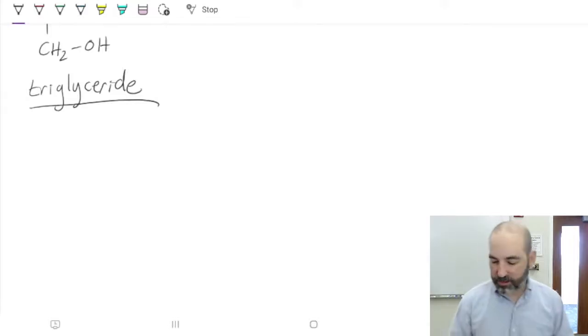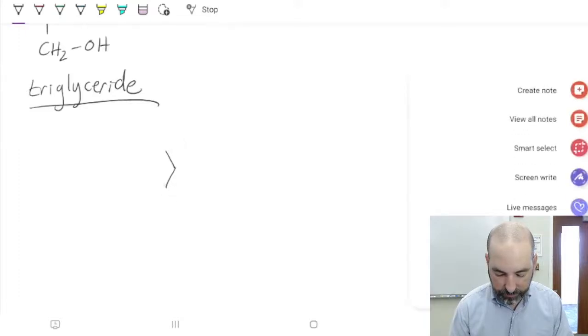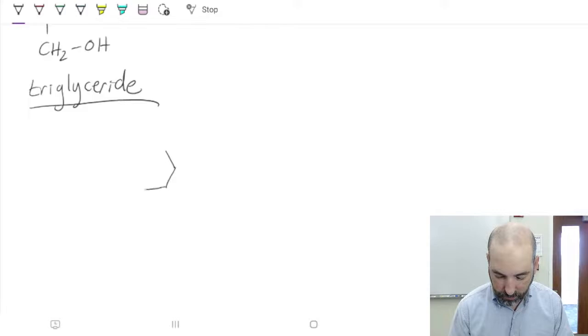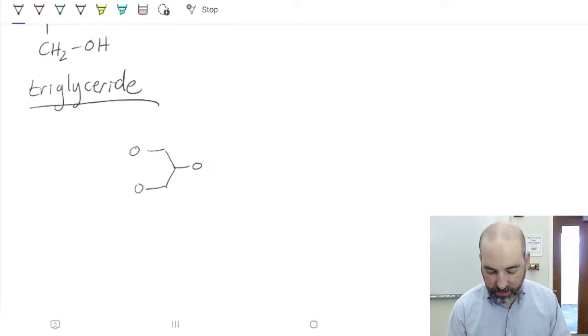So a triglyceride is taking glycerol, or glycerin, same thing. Actually, I'm going to draw it this way, and connecting to these fatty acids.